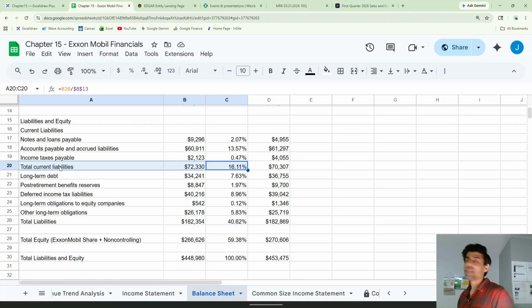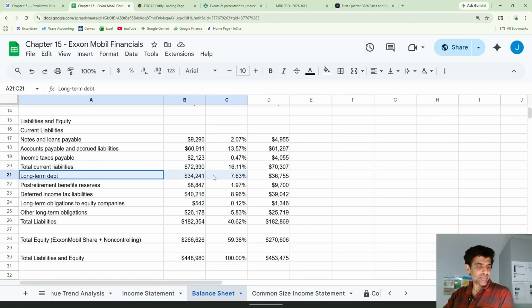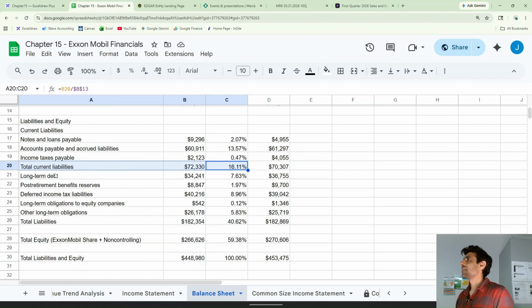Though they have a lot of liabilities, the amount of long-term debt, the stuff like a bond that pays interest, is only 7.63% of the size of the balance sheet. So they're using their vendors a lot. Their vendors are giving them interest-free loans, essentially.